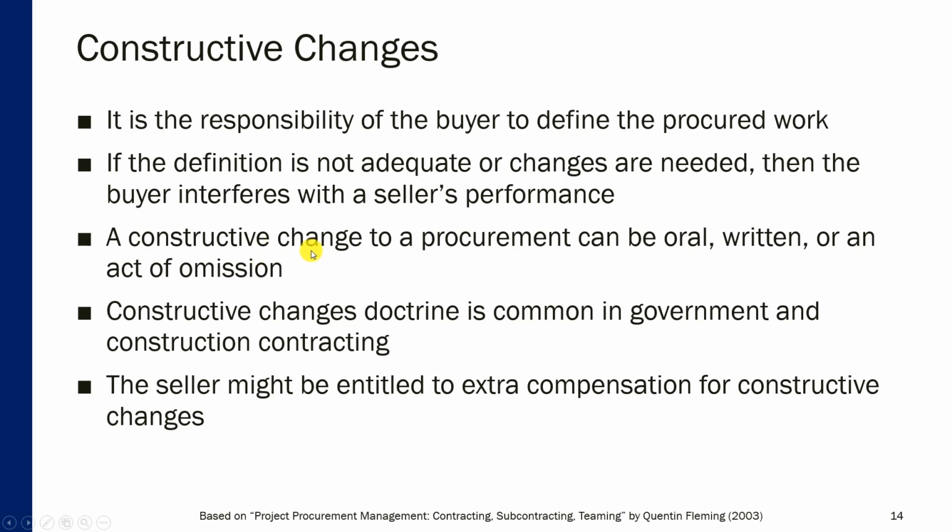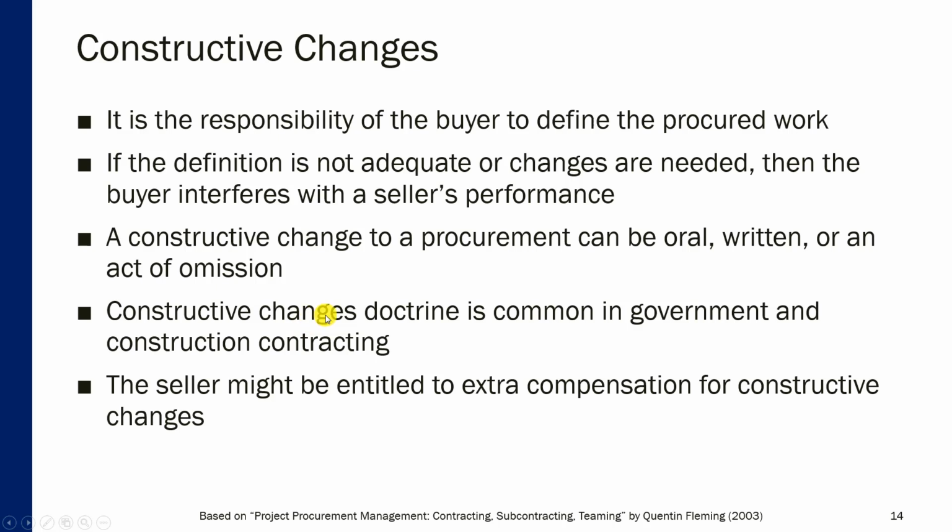So a constructive change to a procurement can be oral or written, meaning a buyer may formally inform the seller that certain changes need to be done, either verbally or in a written form, or sometimes it's an act of omission, meaning nothing is communicated from the buyer to the seller, but it is the lack of communication that causes the seller to spend additional time or additional resources to deliver the scope that was initially agreed with the buyer.